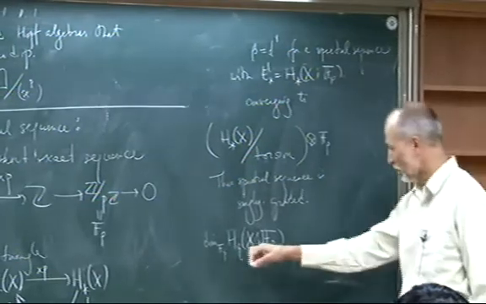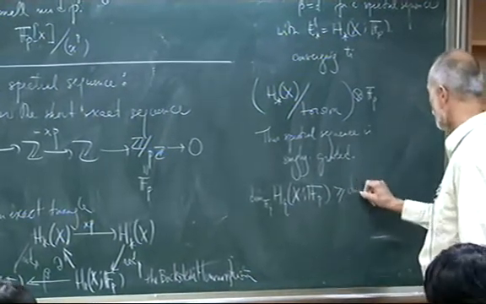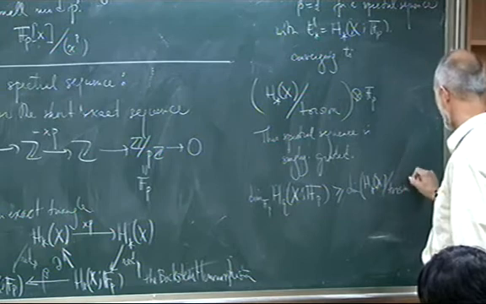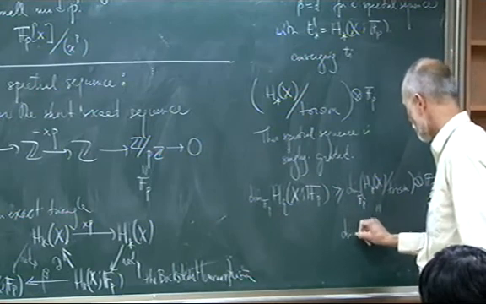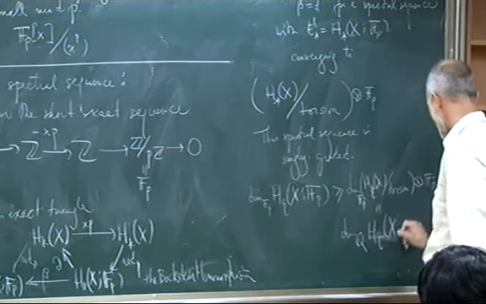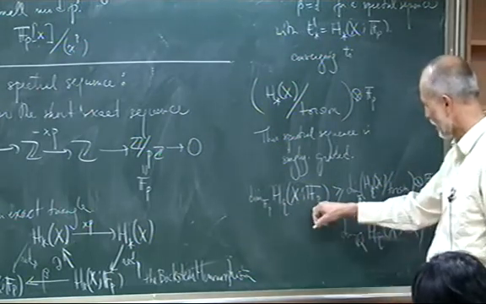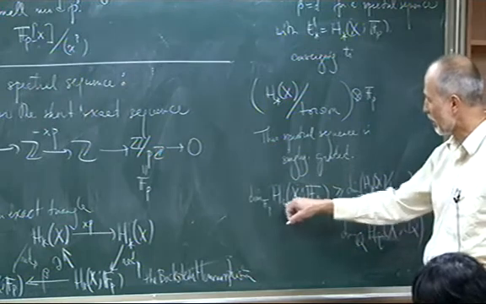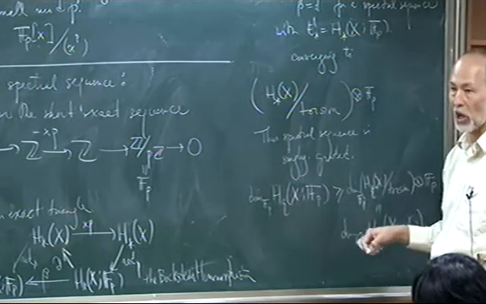The dimension of the qth homology of X with F_p coefficients will be greater than or equal to the dimension of the infinity term here, X mod torsion tensor F_p over F_p, but this is equal to the dimension over Q of H_q(X; Q). So there is a direct relationship, and furthermore, if this is a strict inequality, then there is torsion of order p in the homology of X.